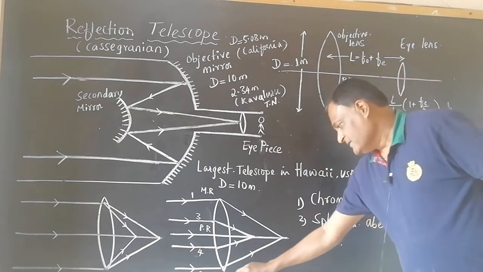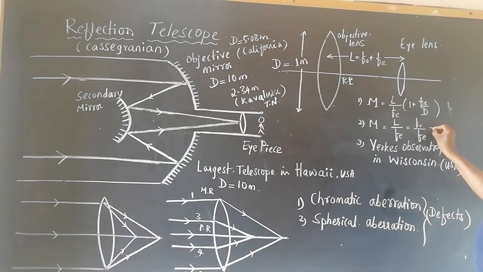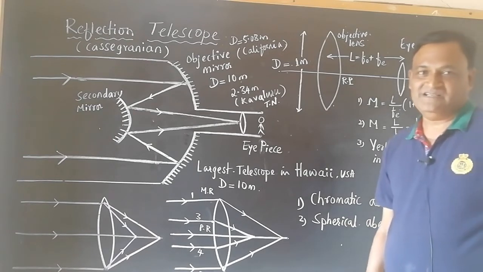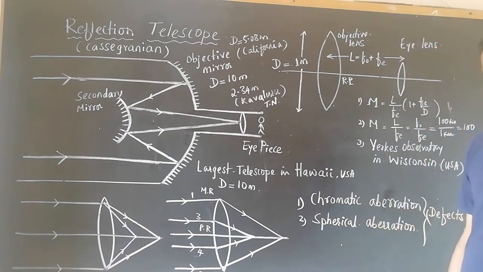So, if I take the focal length of the objective as say 100 centimeter and the focal length of the eye lens as 1 centimeter, centimeter will cancel, and the angular magnification is 100 times.